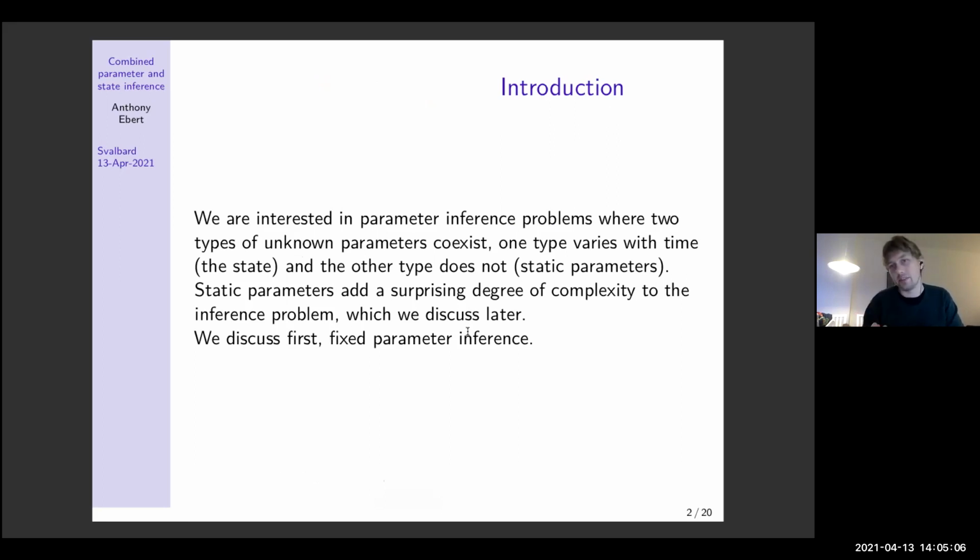And given that the dimensionality of the fixed parameters is usually much lower than the set of all states that you're trying to perform inference on, what kind of surprised me is that once you try to do inference on these fixed parameters at the same time as this time index, this actually adds quite a large degree of complexity to the inference problem, even though these parameters are not moving at all.